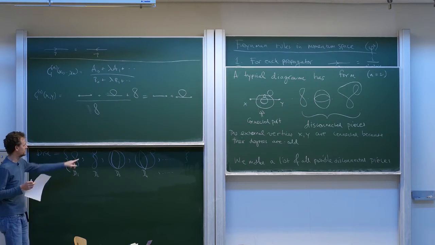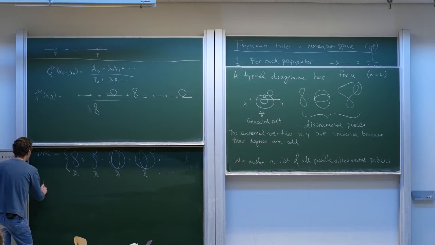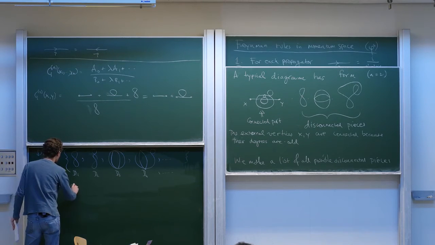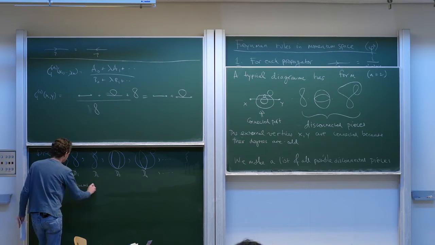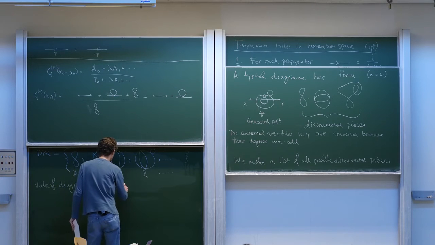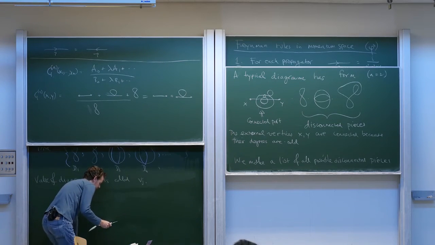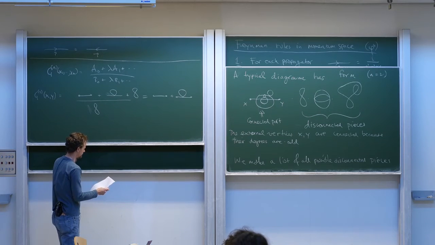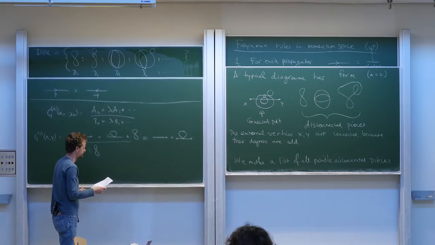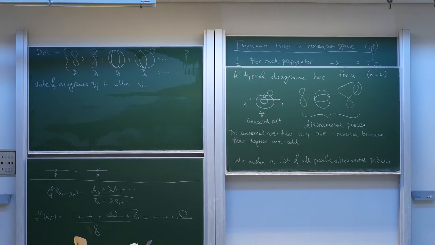Now, according to the Feynman rules, we could evaluate the value of these diagrams, assuming that it was finite. So the value of diagram Dj is called Vj.